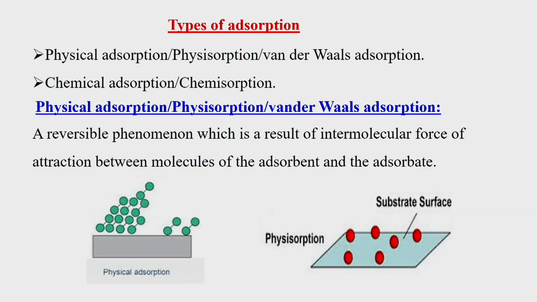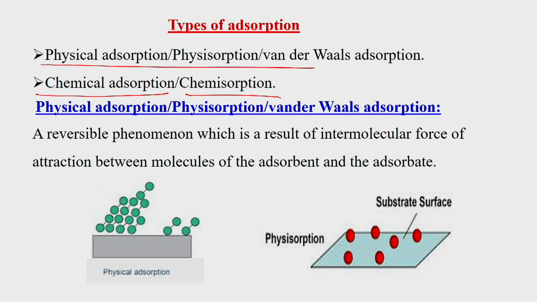Okay. Then we need to understand the types of adsorption processes. There are two different types of adsorption processes. One is physical adsorption, or simply physisorption, or in other words van der Waals adsorption. Another one is called chemical adsorption or chemisorption.